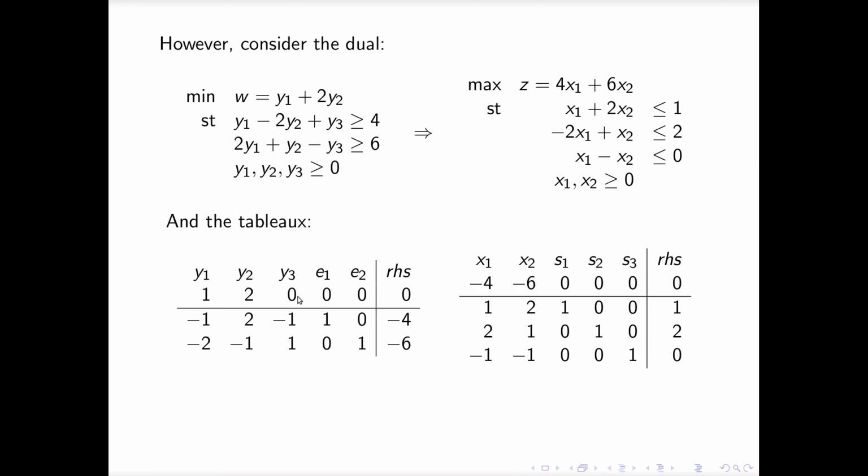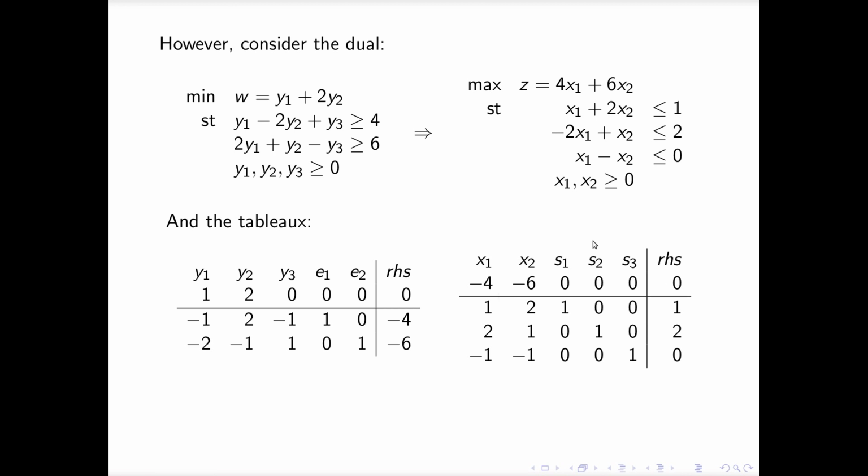Here we have a 1, 2, 0, which corresponds to 1, 2, 0 here. The minus 4 and minus 6 in the right side of my minimization problem corresponds to this. Now this is interesting, and this is actually why we multiplied these by -1, because we end up with this nice relationship between these two.